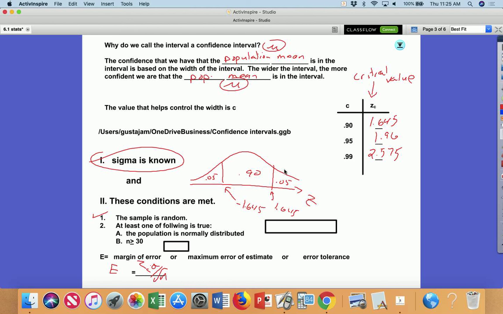Where do you get the critical values from? They're in the table in your book. Or you could take out the middle 90%, and then the z-scores are that guy right there. So if you look up 0.05, you should see that value for the z-score.